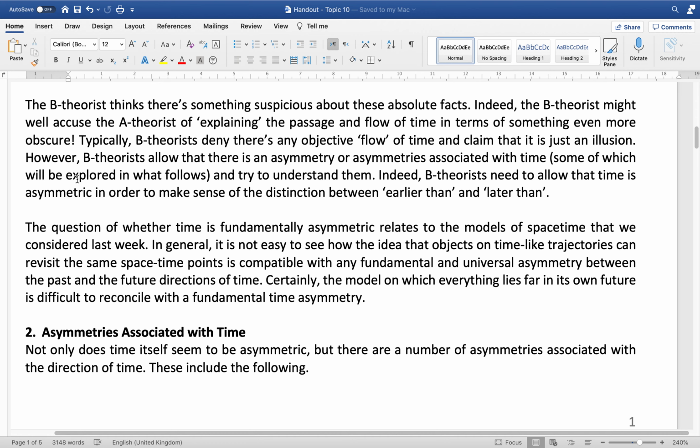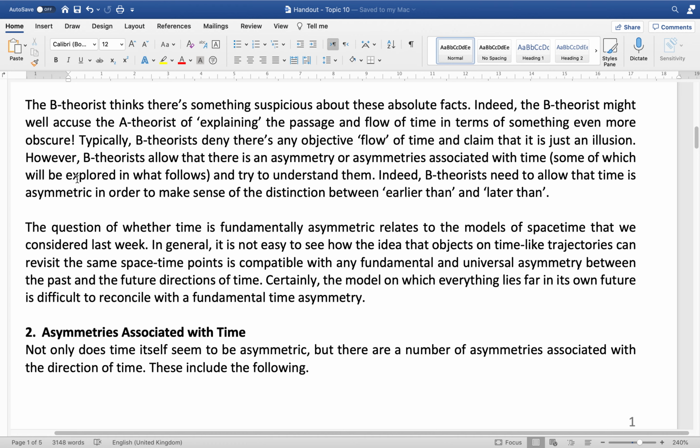They might think that the notion is incoherent, or they might object to the A theory for other reasons. So, for instance, remember the worry about the rate of passage. They might think that there's no sensible answer to what rate time flows at or passes at, and so they might think that the notion of a passage or flow is of dubious coherence because of that.